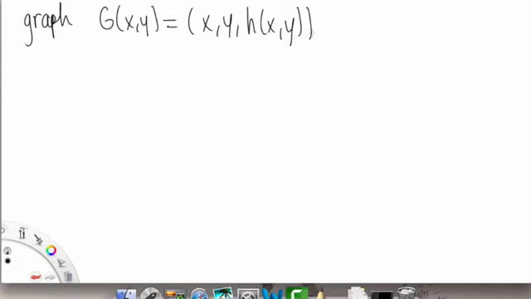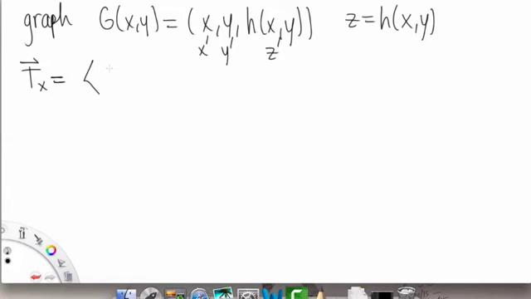So in this case, x is just x, y is just y, and z now is h of x comma y. So z depends on, in some way, our x and y coordinates. All right. So in this case, I'll just do like a little introduction to problems like these. Our tangent vector sub x is just going to be 1, comma, 0, comma, h sub x, where h sub x is just our partial of h with respect to x.